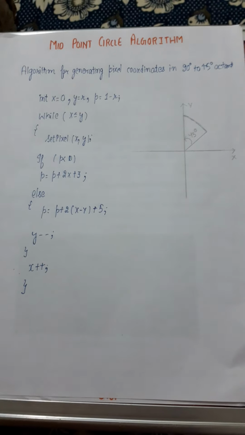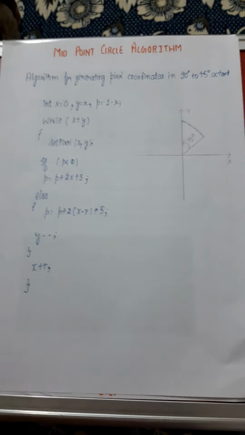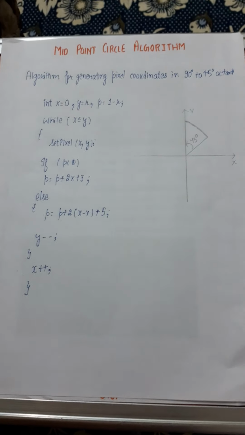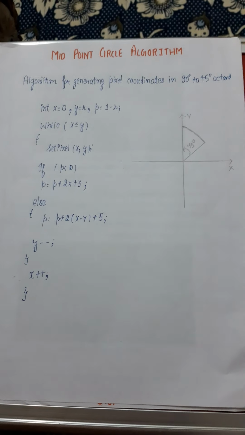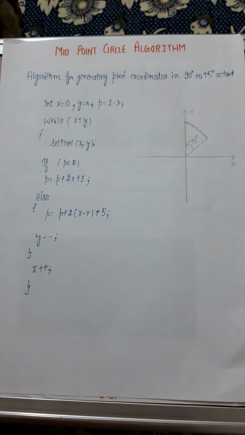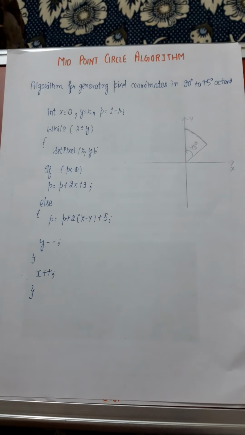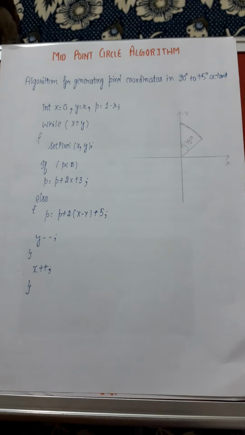Next, we will see whether the decision parameter is less than 0 or greater than 0. If the decision parameter is less than 0, then the new decision parameter is calculated as p plus twice x plus 3. Otherwise, if the decision parameter is greater than 0, it is calculated as p plus twice of x minus y plus 5.